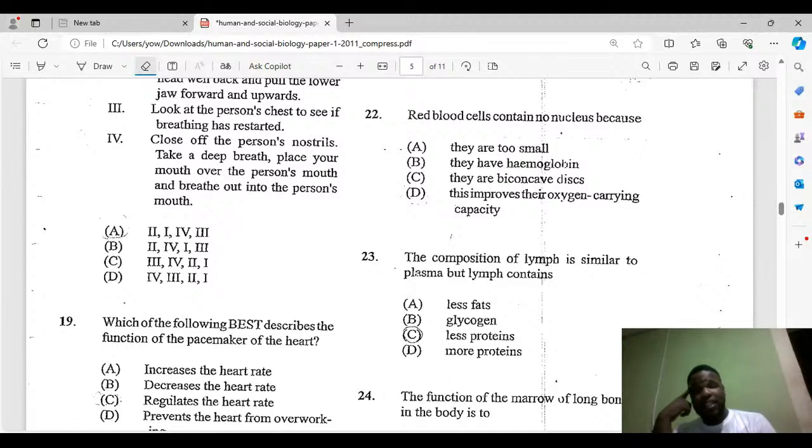So it would have less protein than plasma, because plasma would be unfiltered. Plasma would naturally have more protein.